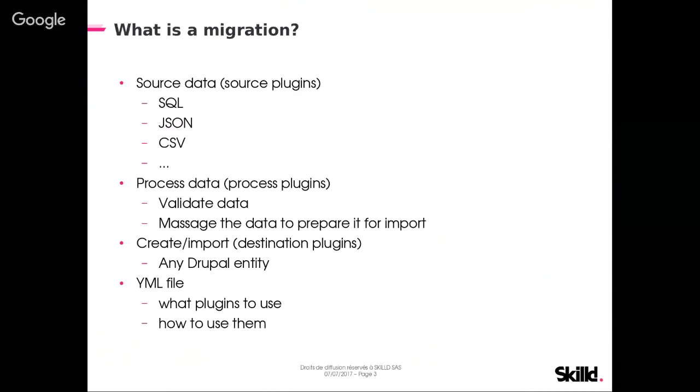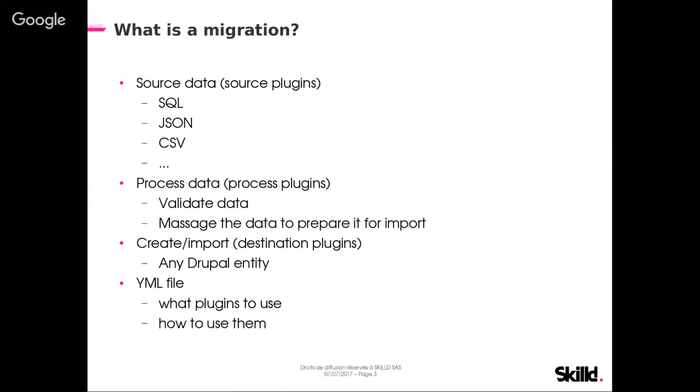The source is a plugin, and it can be SQL, JSON, CSV source, or any other. Processing data is also done by different plugins that allow you to validate incoming data, change it, and massage it so that it's prepared for the import. Then the destination plugin defines where your data will be imported into, and it can be any Drupal entity.